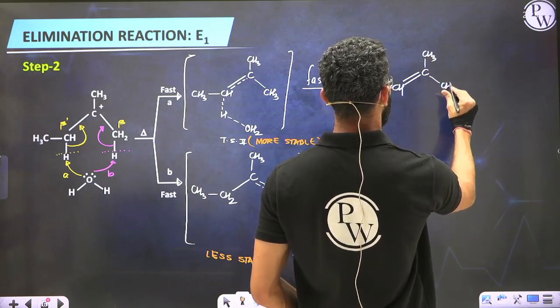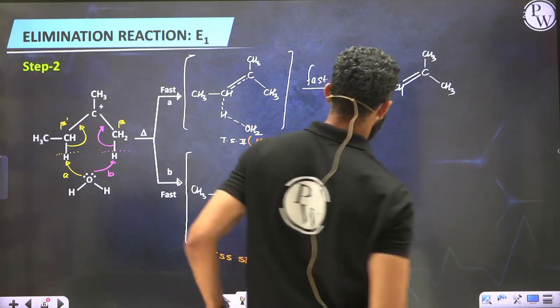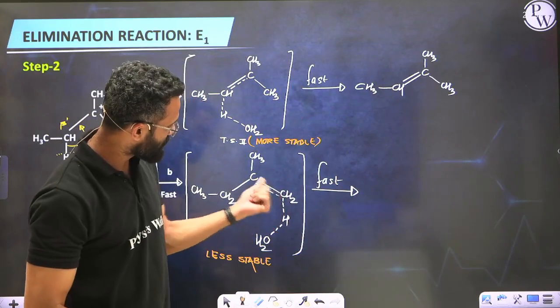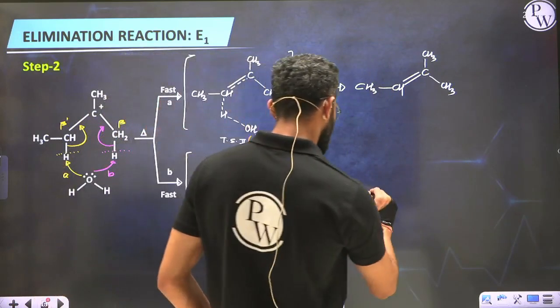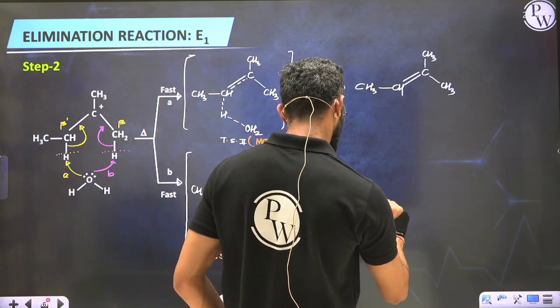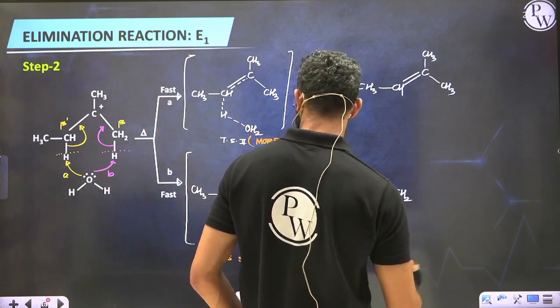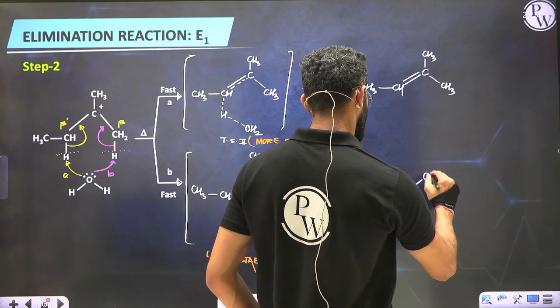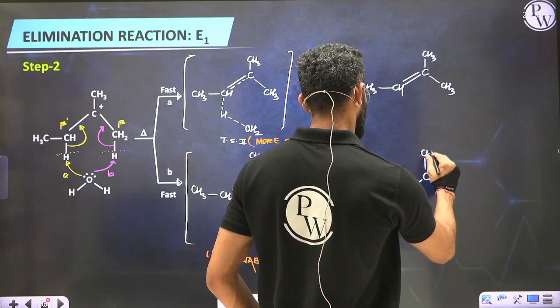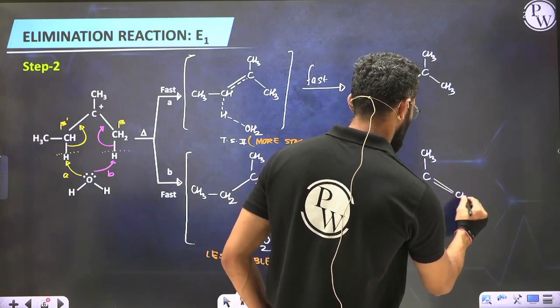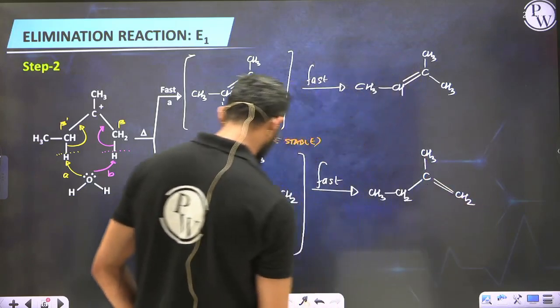So we get an alkene with 9 hyperconjugating structures. And the second one over here, double bond between the first and second carbon, CH3, CH2, C, CH3 and double bond CH2.